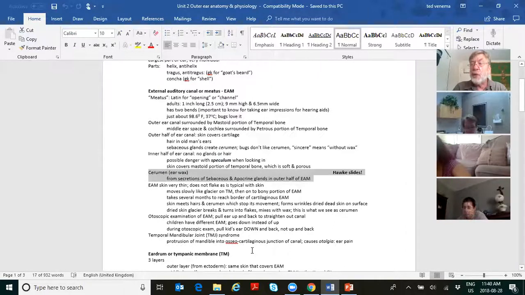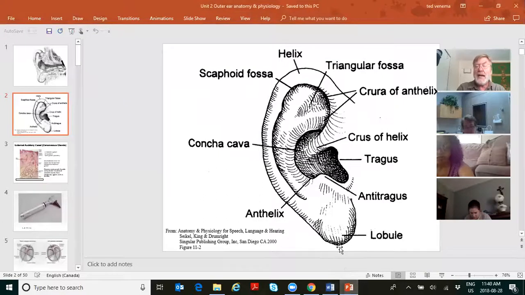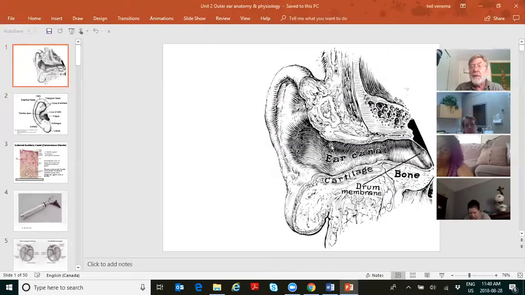The word for earwax is cerumen, okay? Cerumen. Cerumen is earwax, and cerumen grows from glands here and here. Cerumen, earwax, originates from the outer half of the ear canal, the cartilaginous portion.